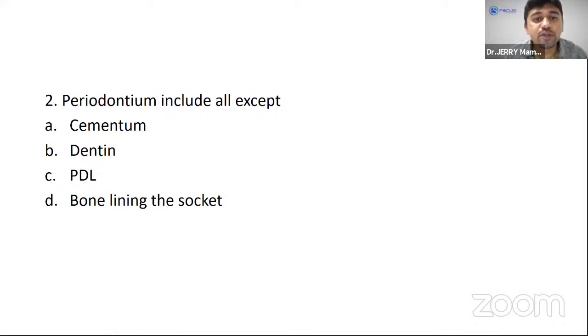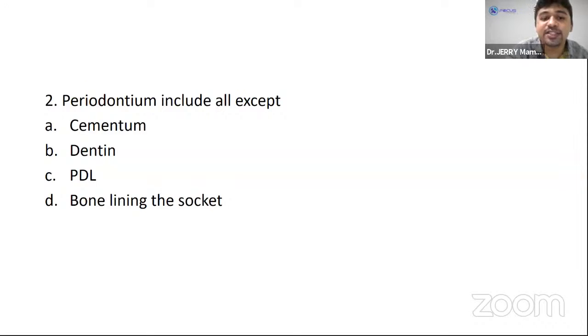Question number 2. Periodontium includes all except. Again, an easy question. Oh my. Somebody made some mistakes. Like I said, please don't hurry and see some change in the wordings and go for an answer. Okay. Very good. It is dentin.